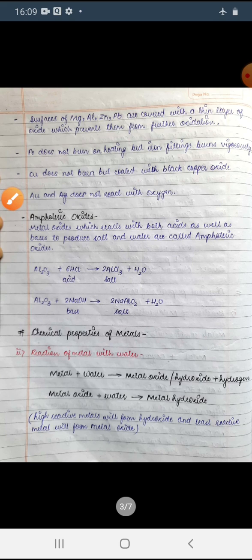The surfaces of magnesium, aluminium, zinc and lead are covered with a thin layer of oxide which prevents them from further oxidation.